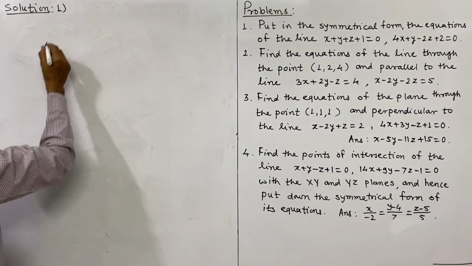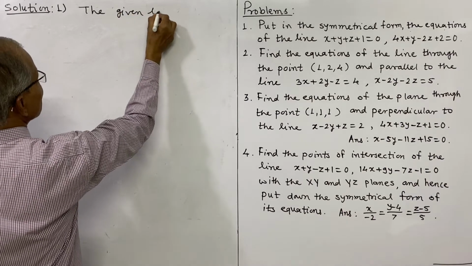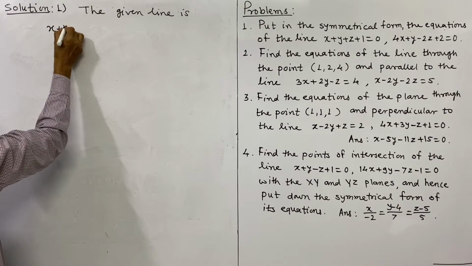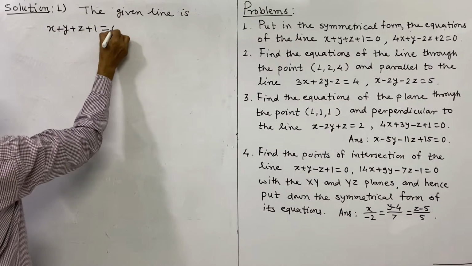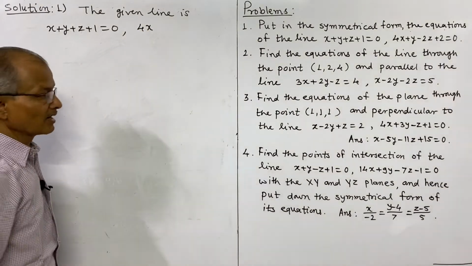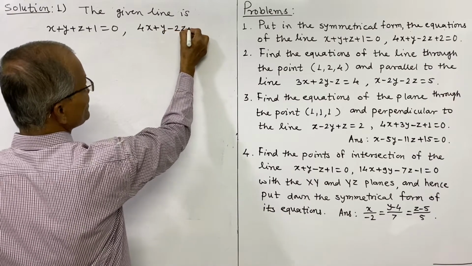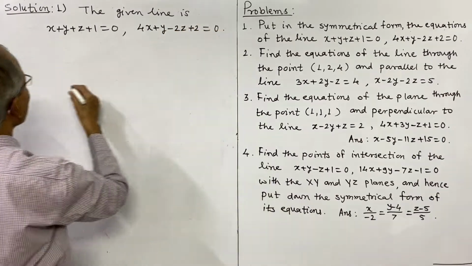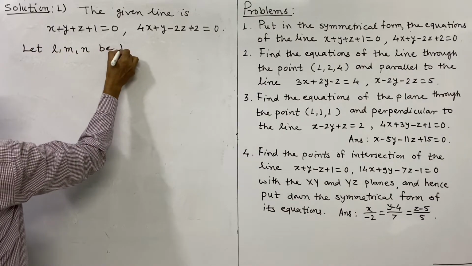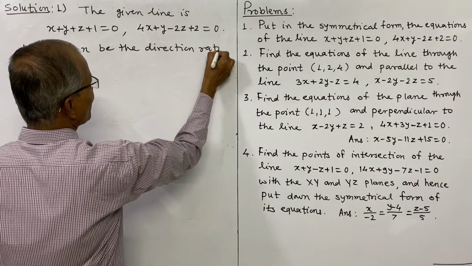So the given line is two planes together, unsymmetrical form, ax plus by plus cz etc. And second is 4x plus y minus 2z plus 2 is equal to 0. Now we start with, let l, m, n be the direction ratios of the line.